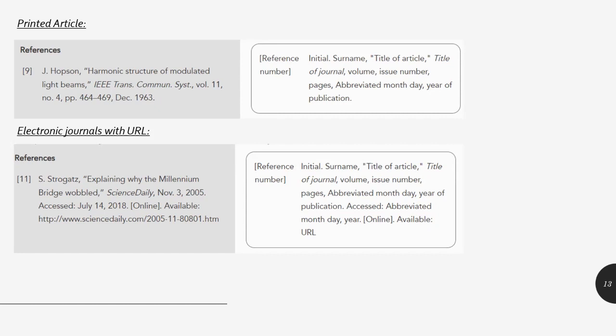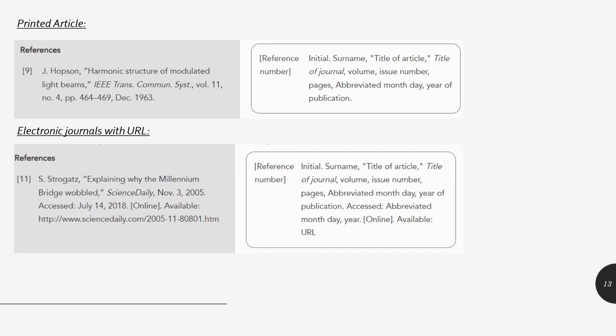So for instance, if we are using a printed article, you always start with the reference number in between brackets. Here, unlike Harvard referencing, we start with the initial of the author, followed by the surname. Again, you need to write only the initial of the first name of the author, followed by the full surname of the author.